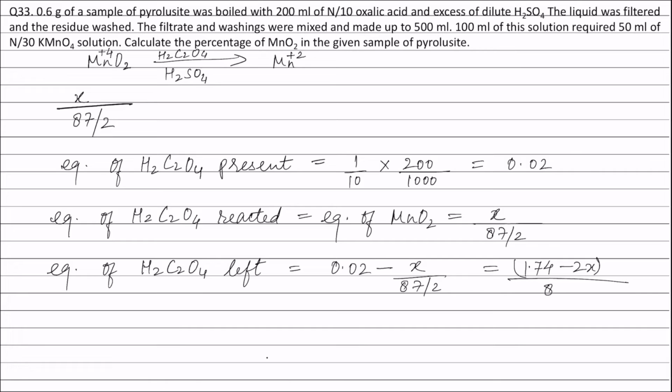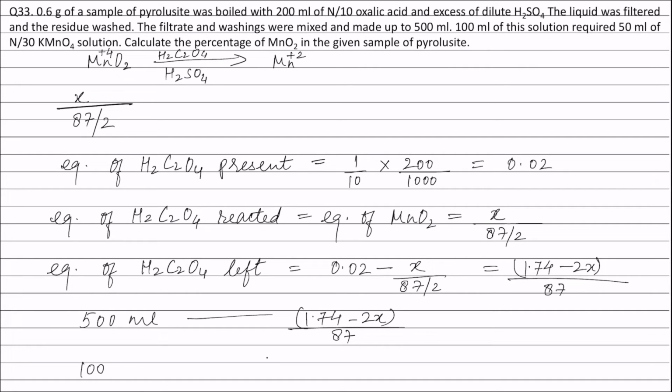Now, according to the question, the filtrate and washings were mixed and made up to 500 milliliter. Therefore, 500 milliliters of filtrate and washings contained (1.74 minus 2x) divided by 87 equivalents of oxalic acid.